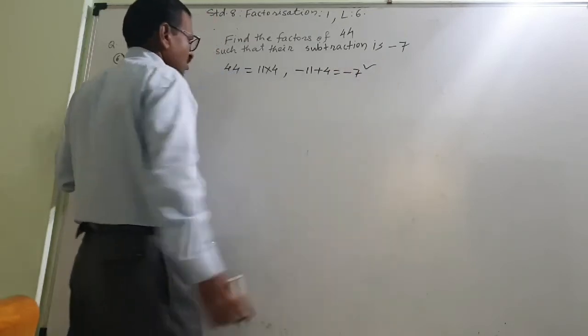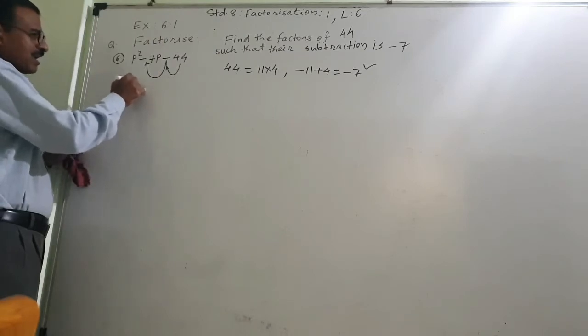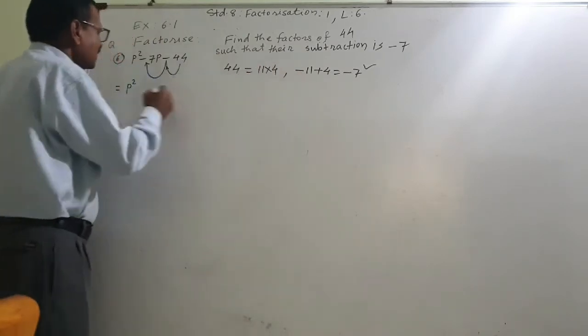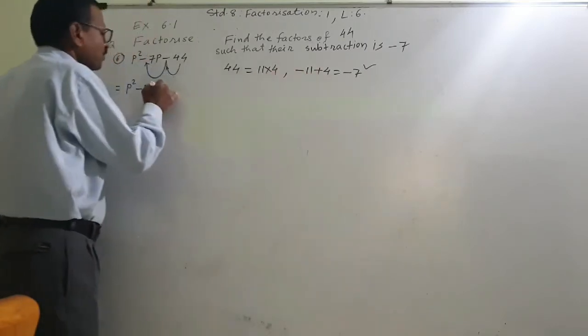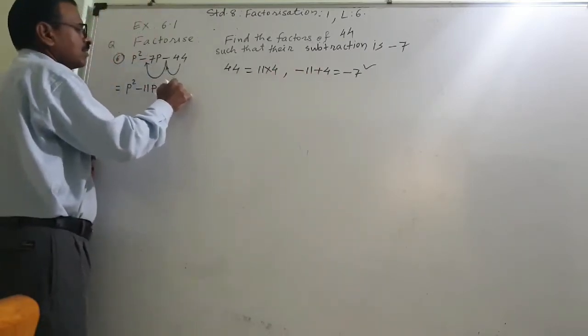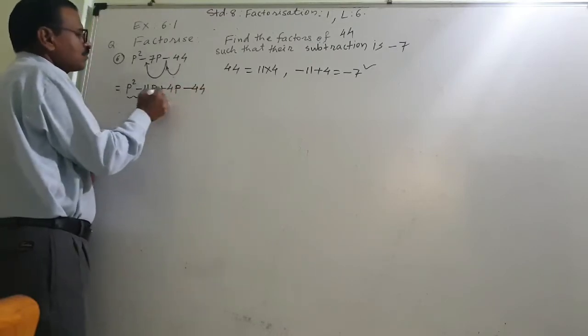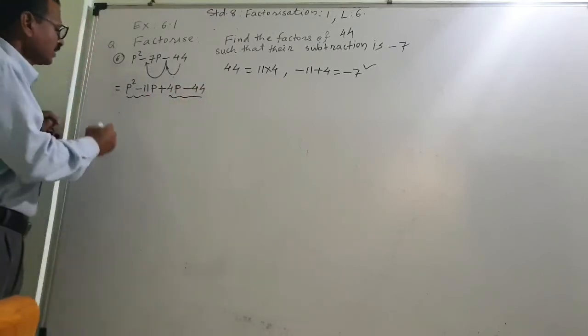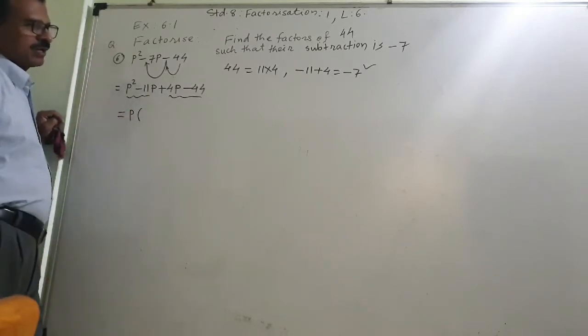My work is over. So this is equal to p square minus 11p plus 4p minus 44. Make the two groups. Here p is common. Now you are well known with this.